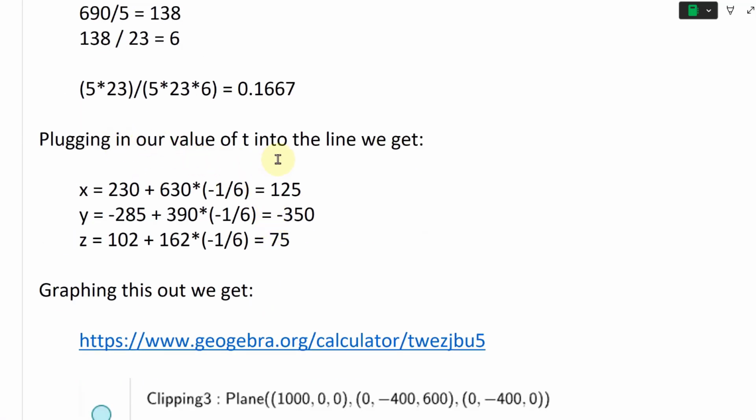Anyway, so plugging in our value of T into the parametric equations of the line, we get 230 plus 630 times negative 1 over 6 equals 125, etc. And so on, then you get negative 350, 75.